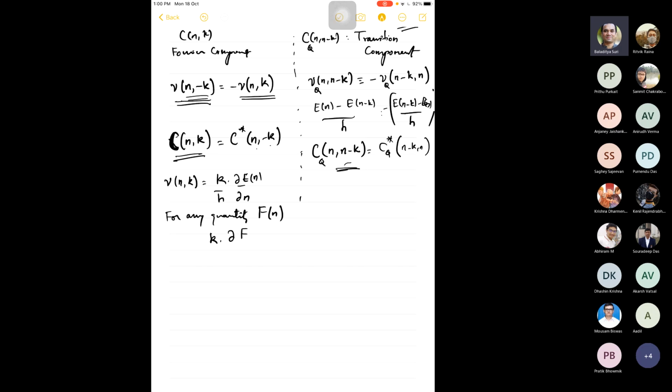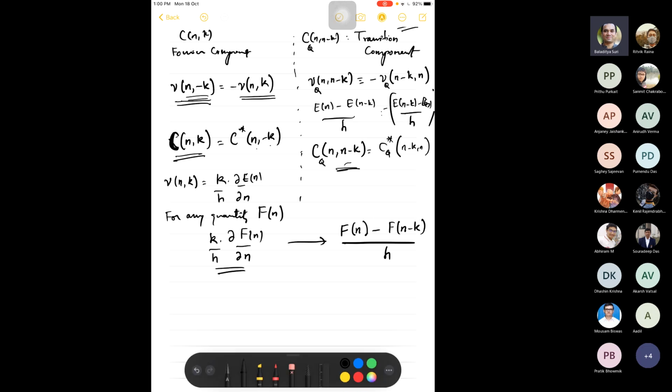If you have delta f n by delta n, if you have any such quantity, this in the quantum formula has to now be substituted by f of n minus f of n minus k by h.